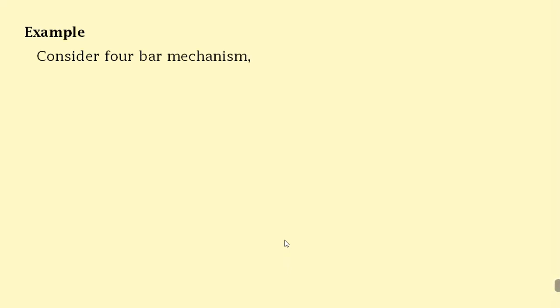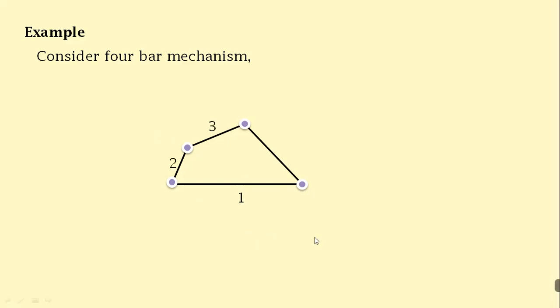I'm considering a four bar mechanism. A four bar mechanism consists of four links connected together with revolute joints, which will have a rotational effect with respect to another link. So this is the four bar mechanism I'm considering. In this mechanism, how the motion transmission takes place: before that I am giving names to the links.